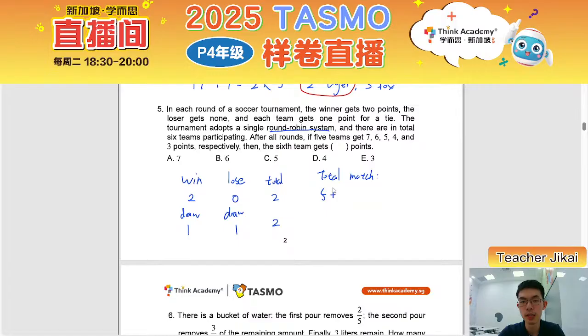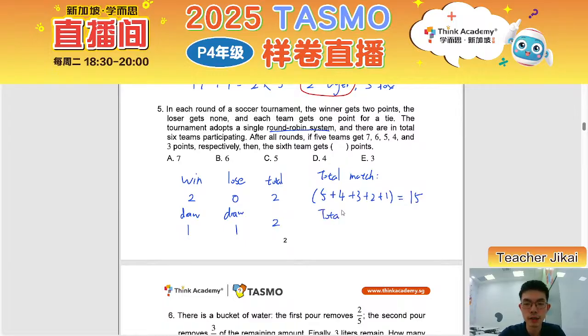The second team cannot play with the first one because we have already counted it, so 4, 3, 2 and 1. Or you can choose 2 out of 6 teams and find the combinations. It is another way to determine the matches. So the total match is 15.